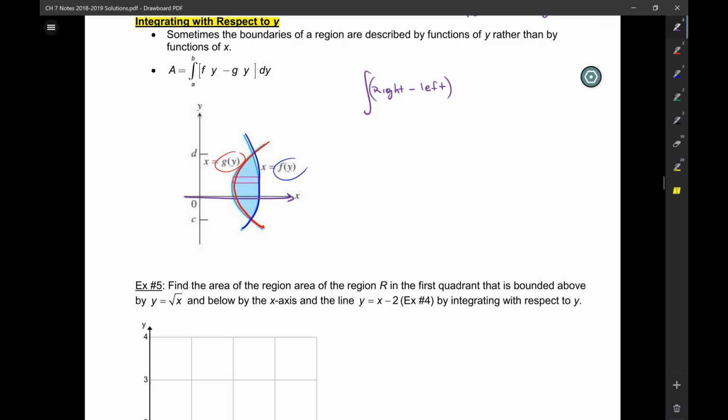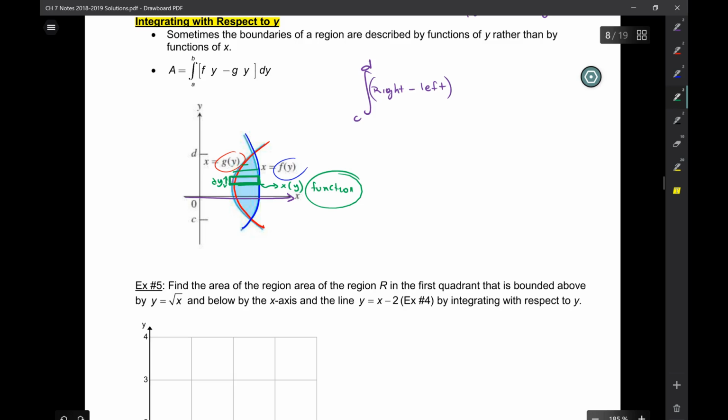Furthermore, I'm going to go from C to D. And now the big deal is that my rectangle is drawn sideways. So this is x of y, that's the function, and then this is the dy.